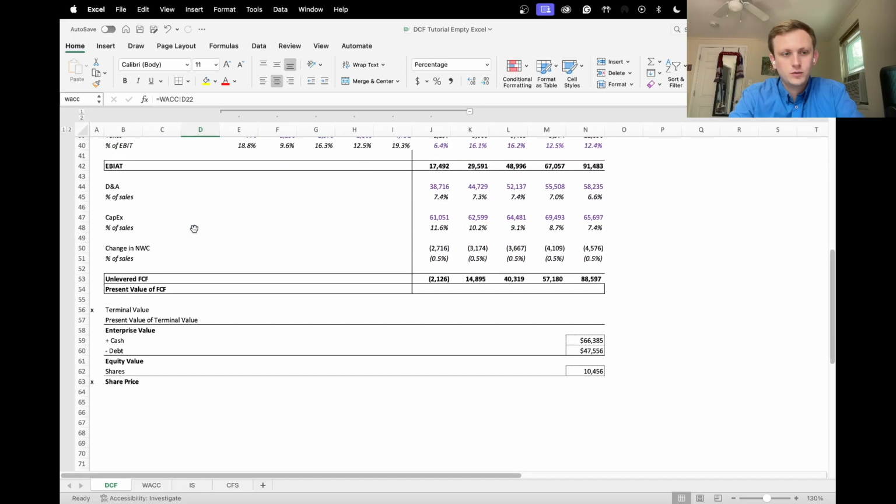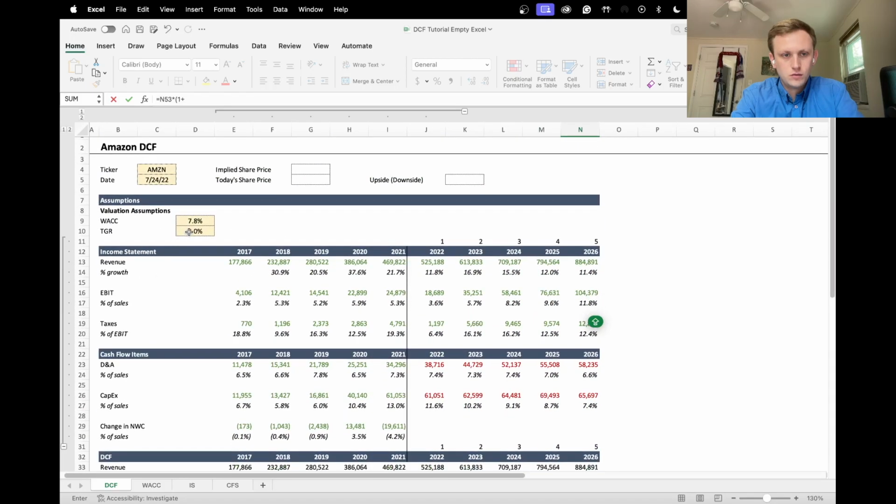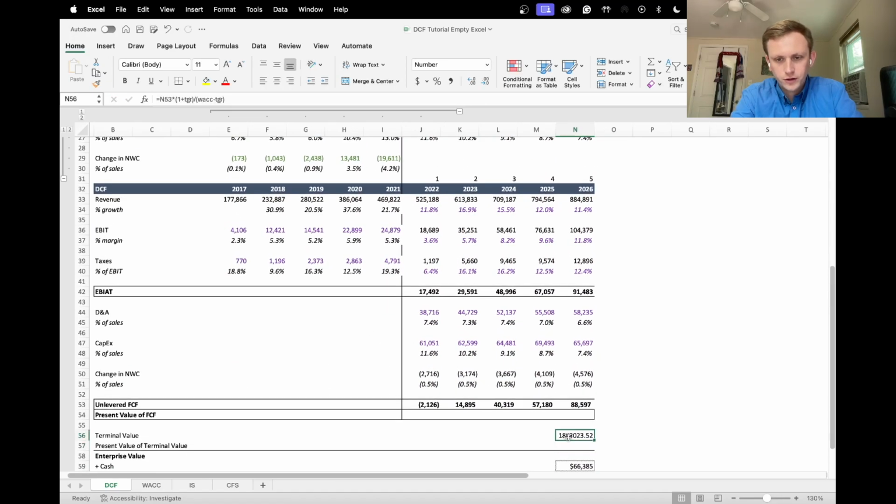We're going to implement the terminal value equation, which will be the last year of the future free cash flow multiplied by 1 plus the terminal growth rate, and all this divided by the WACC minus the terminal growth rate. And here we have our terminal value. However, now we need to discount it back to the present, which will be step 4.